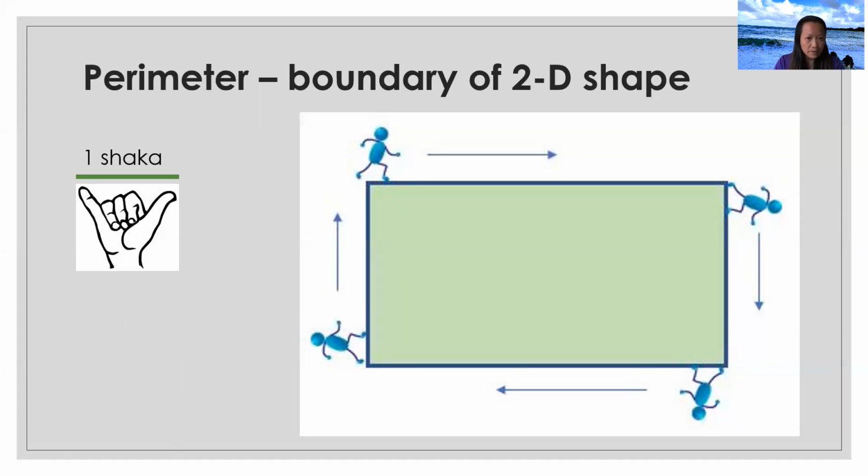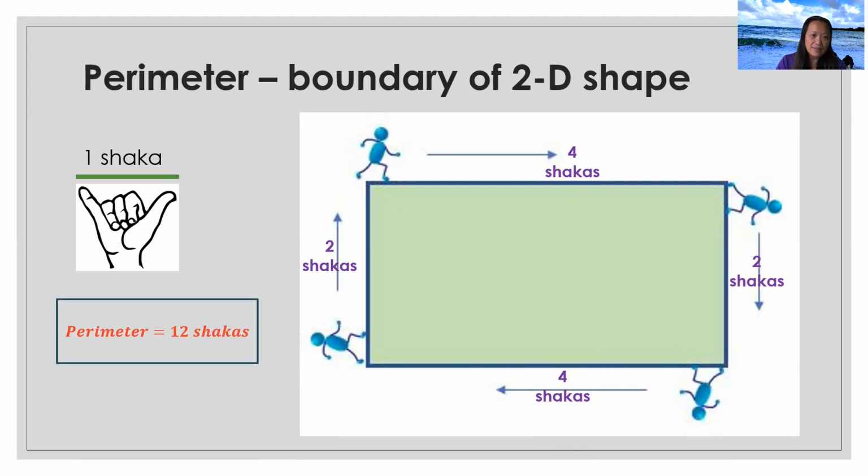Then the perimeter would be how many shakas is the boundary of that shape. So let's go around and count. That's 2, 4, 2, and 4. So altogether, the perimeter is 12 shakas. Always keep that measuring process in mind: what's my unit, and then how many?